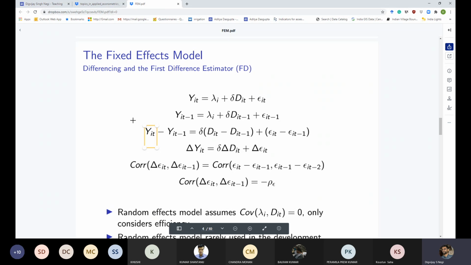Now this equation can be expressed in terms of first differences. But this also gets rid of the lambda i, the fixed effect. If you do this kind of transformation, take a one period lag and then do a difference, this again will give you the true delta.